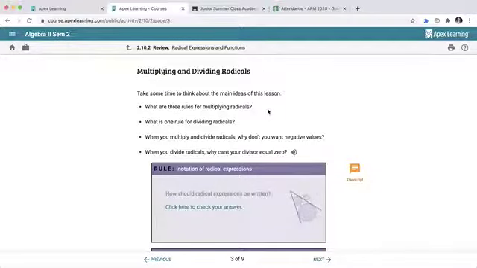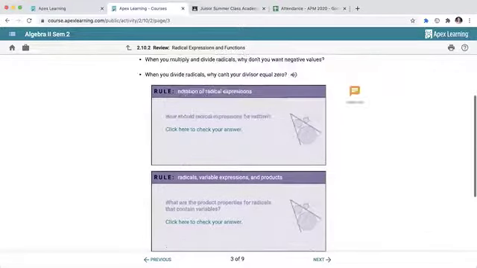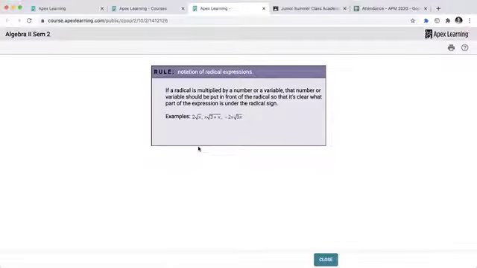Then when we were multiplying and dividing radicals, we had a couple of rules. First off, notation of radical expressions. For our radical, if it's multiplied by a number, that should be put in front of the radical.